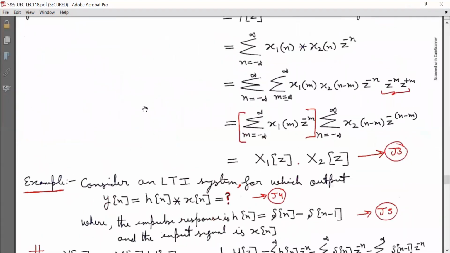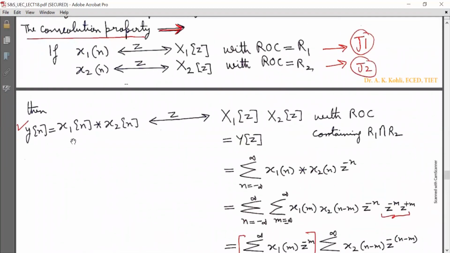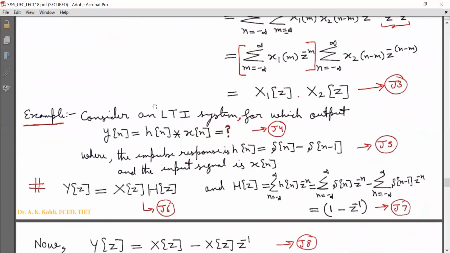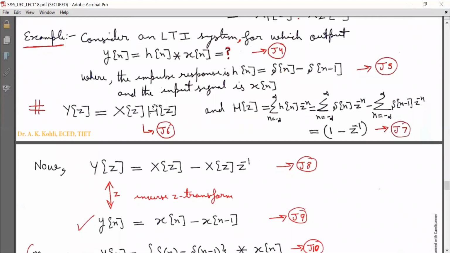So using this convolution property, I can write Y(z) is equal to X(z) into H(z), as y(n) is h(n) linearly convolved with x(n). We need to get H(z).